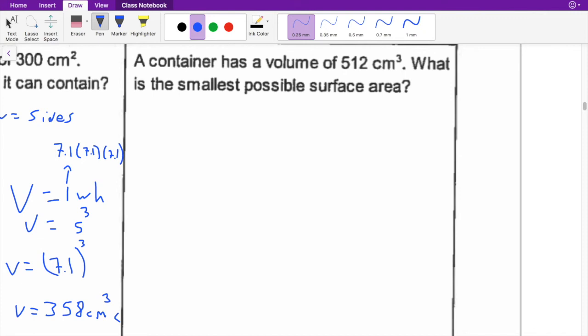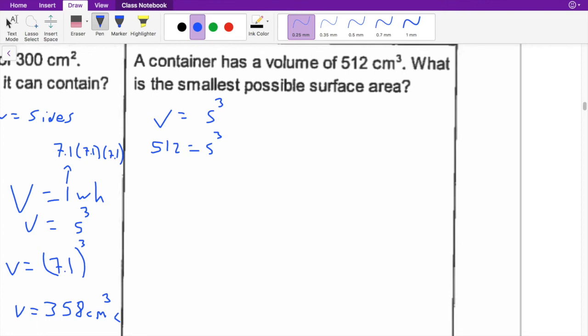And we know the optimization of an area is going to be a square. So we can go volume equals S cubed, because we know all of these are going to be the same. Now we know that the volume is 512 equals S cubed.